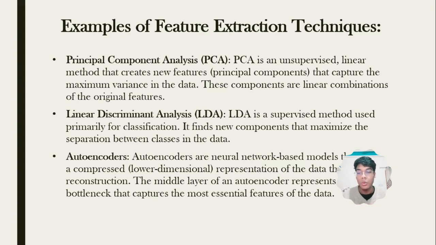Autoencoders are a neural network based model that learns a compressed low dimensional representation of the data through reconstruction. The middle layer of an autoencoder represents a bottleneck that captures the most essential features of the data.